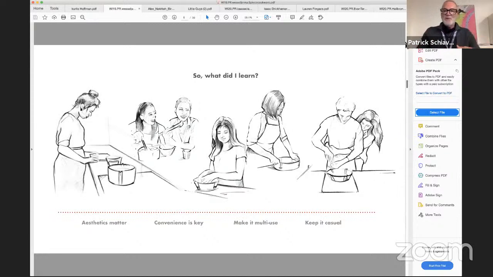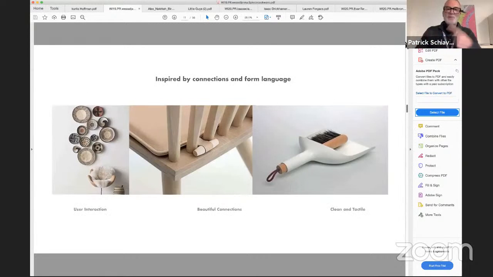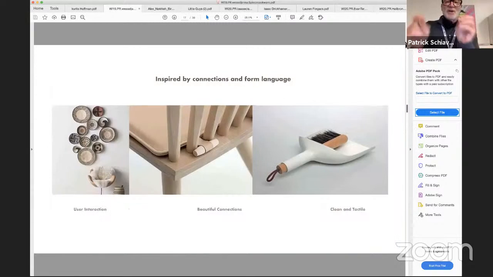You had to do something for a 500 square foot apartment in Shanghai or New York City. So she got inspired. She was going to do these pots and pans, but since it was small space living, there's nowhere to put pots and pans in those teeny tiny studio apartments.